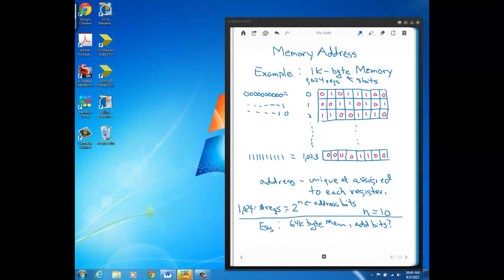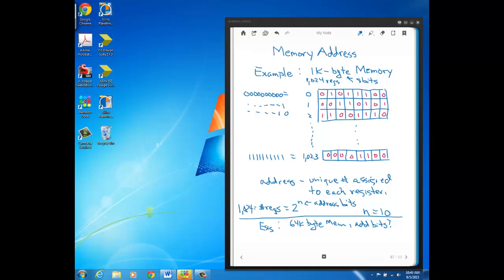Another way is, since we know that 10 address bits is enough to address 1024 registers, and also we know that anytime we add a bit, we double the number of values, right? That's just the general base 2 concept we went over quite a while ago. So every time I add an address bit, that doubles the number of registers I can address.